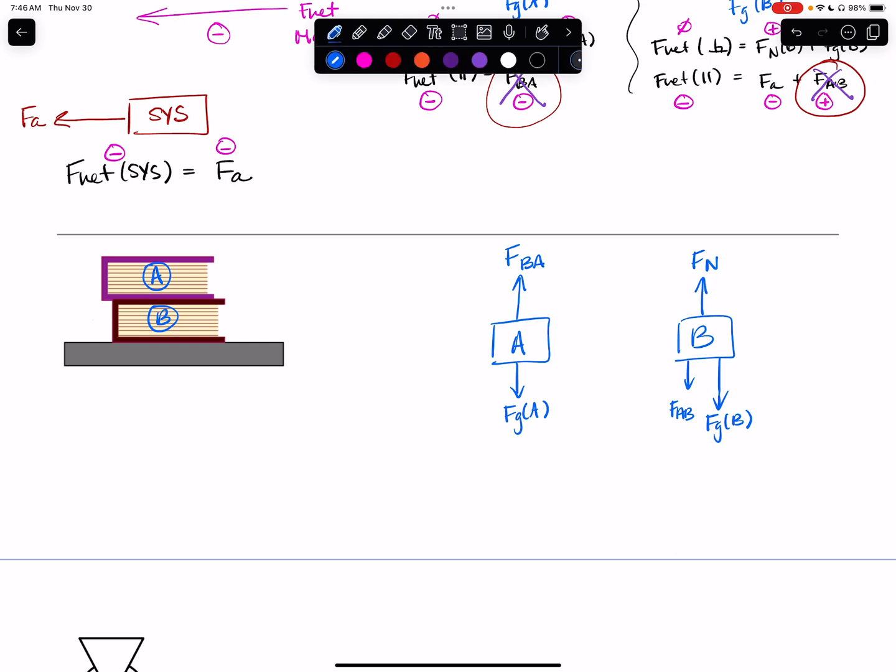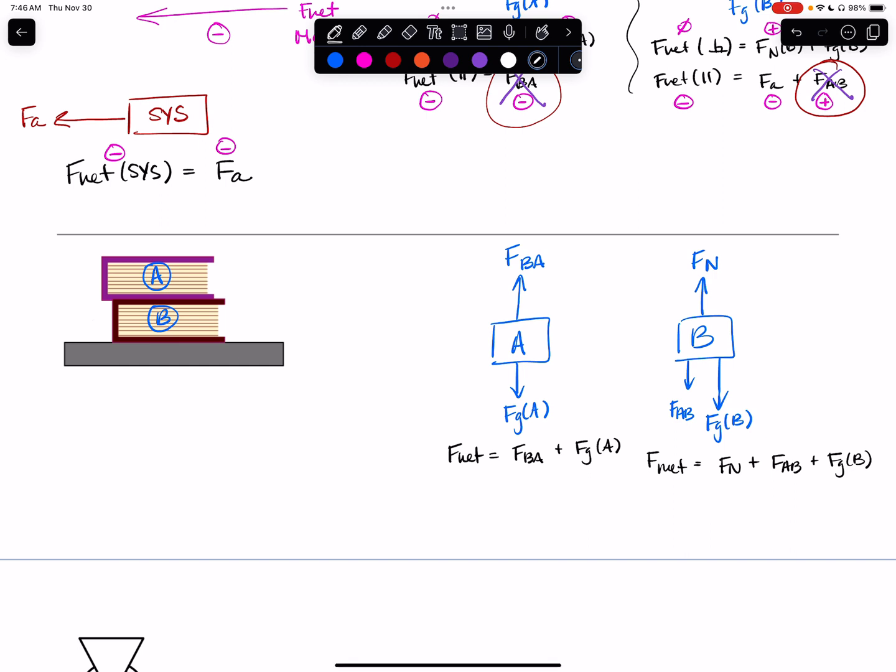FNet for both of them is going to be up and down, so we don't need to designate parallel or perpendicular. FNet here will be the force of B on A plus the gravitational force of A. And then for book B, the FNet equation is going to be equal to the normal force plus the force of A on B plus the force of gravity on B.